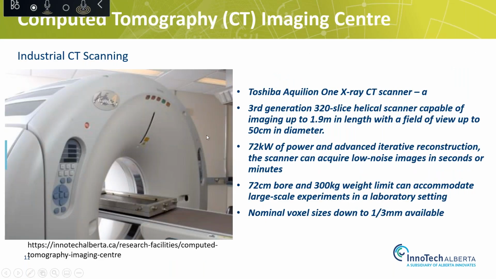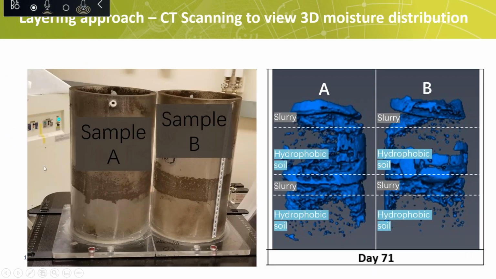And then I just wanted to highlight that we actually have an industrial CT scanner that we use in some cases, specifically for analyzing samples in a non-destructive way. So further to the work I just mentioned with those little soil columns looking at hydrophobicity, a research question came to us at field scale.